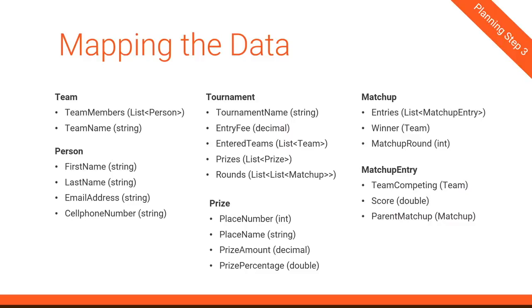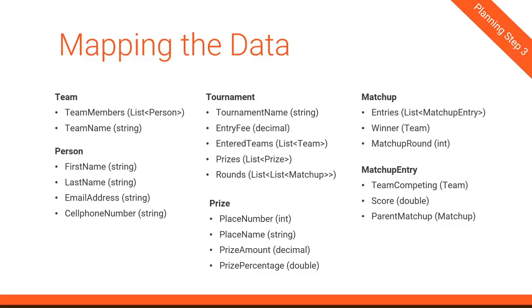And one of the ways this helps me is I can reorder that list based upon things like score. So I can say, give me the top one matchup entry, order by score. And if the score goes the opposite direction, meaning it's like golf where the low score wins, I can say take the entries list, which is that list of matchup entry, order it descending by score, which would give me a low score first, and then it's giving me the first person.